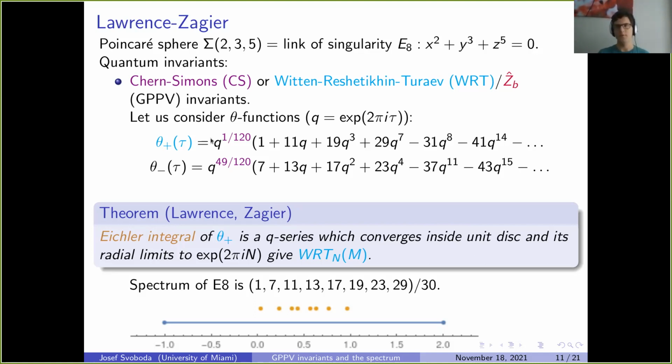It means that if you change tau, where tau is the logarithm of q, to -1 over tau, then this will just multiply by some matrix, which I will show in a minute.